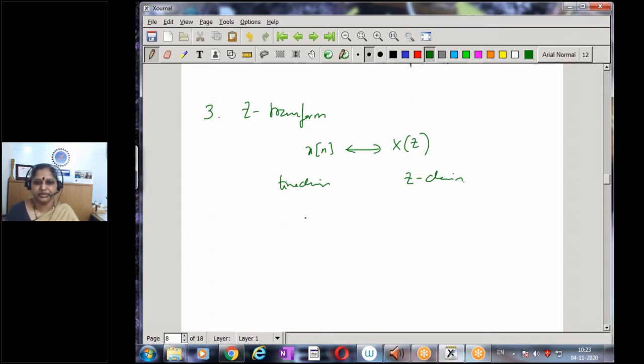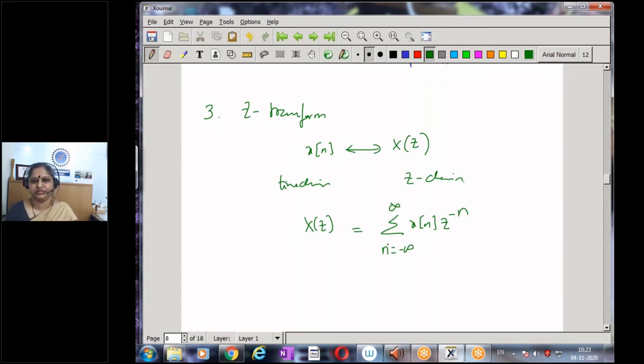And how do I compute the Z transform of a given sequence? It is given by this summation, n equal to minus infinity to infinity, x of n, z to the power of minus n. So this way we can compute the Z transform.